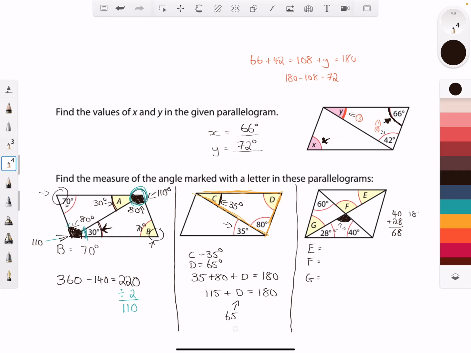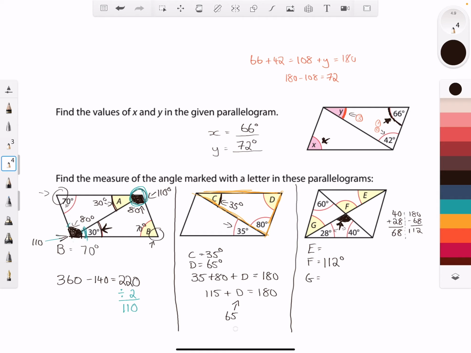So I'm going to take 180 minus 68, and that will give me 112, won't it? So that means that this angle here is 112. And if that angle is 112, this F must also be 112 degrees.